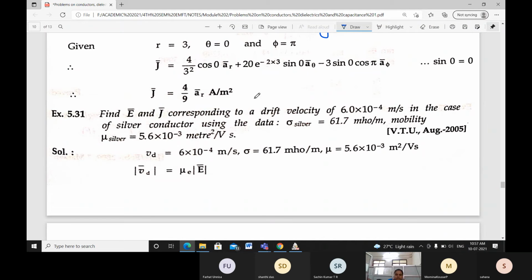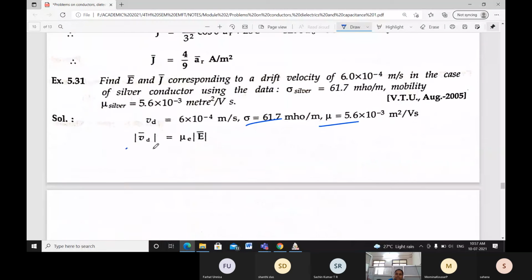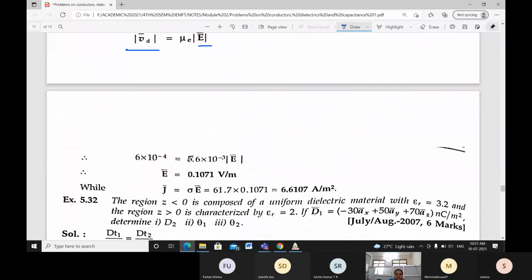Then the solution is going to be, the drift velocity Vd equals the given parameters, sigma is given for us and mu is given for us. What is our Vd going to be? It is mu times E, the electric field intensity. Then Vd is given, we want our E, and mu is already given. Just substitute here. You'll be getting E as 0.1071 volts per meter.